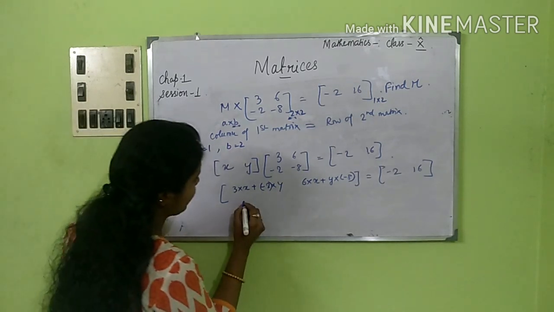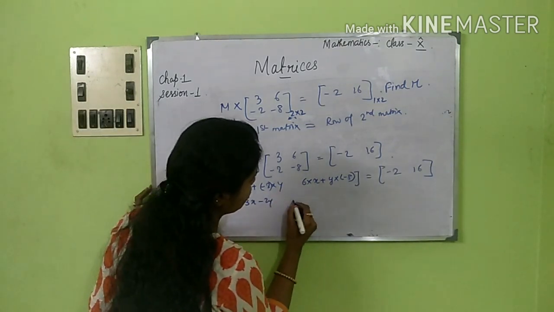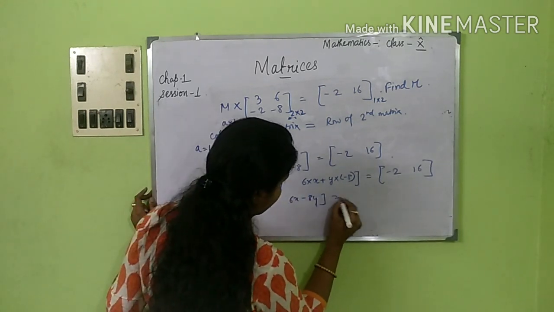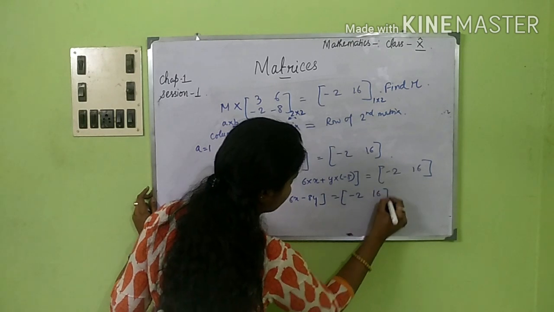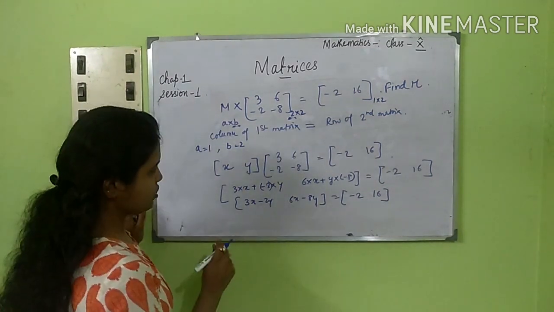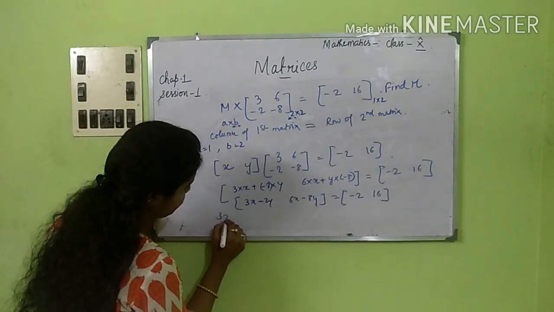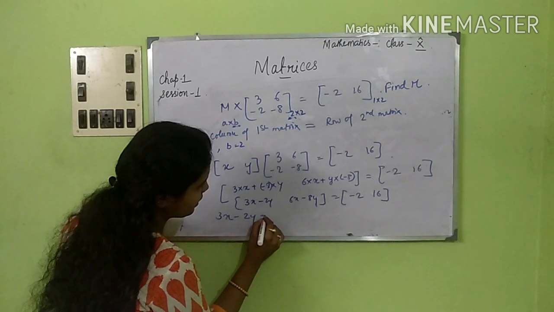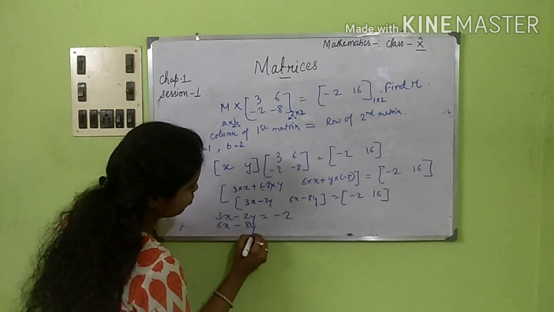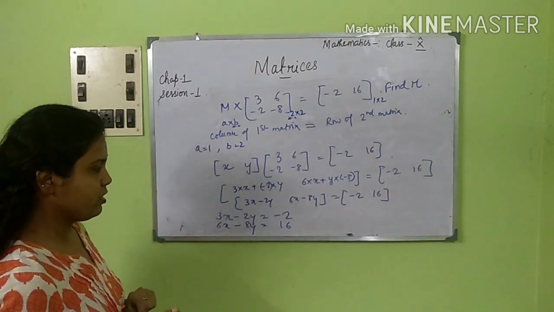Okay, so you have here 3x minus 2y, and here you have 6x minus 8y. Two equations you have. I know you can solve it using simultaneous equations. So the two equations stand out to be 3x minus 2y is equal to minus 2 and 6x minus 8y equal to 16. These are the two equations, right?